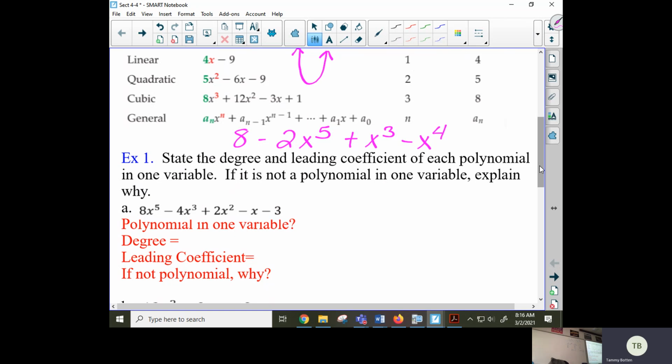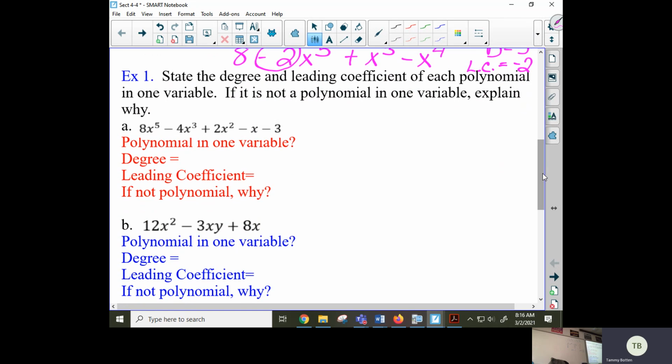You don't necessarily have to rewrite this. You would just have to look for your highest power of x to get your degree, okay, which in this case would be the 5. And your leading coefficient is going to be the number in front of that with the sign. So it'd be -2. Okay.